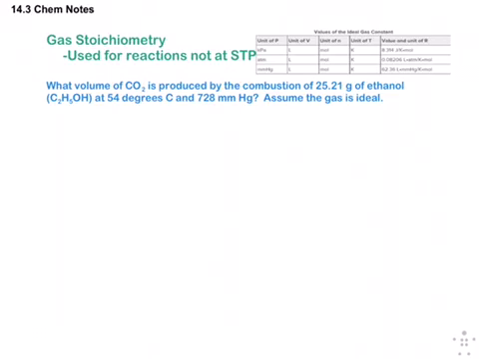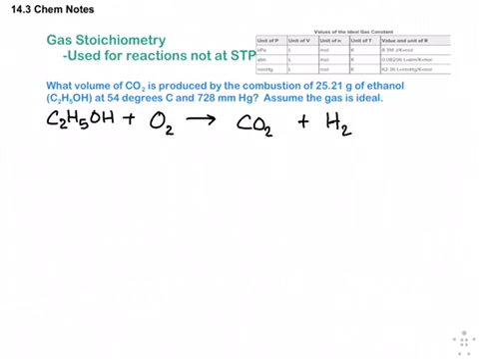You need to write the reaction for the combustion of ethanol. They give you the formula for ethanol, C2H5OH. Combustion means you're mixing it with oxygen, and your products are always carbon dioxide and water. And so we need to balance it.